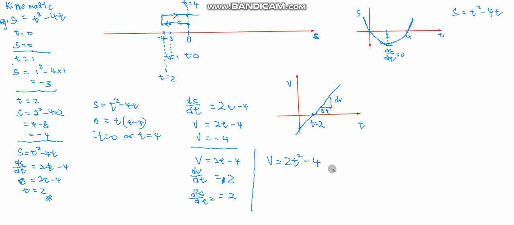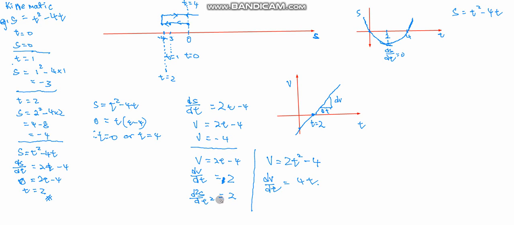If you plot this, it becomes a quadratic function. If I differentiate this again, then it becomes 4t. So this is an acceleration, but this is not a constant acceleration. This acceleration depends on the time.